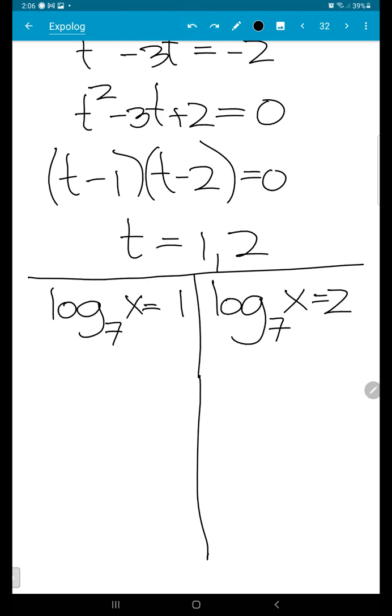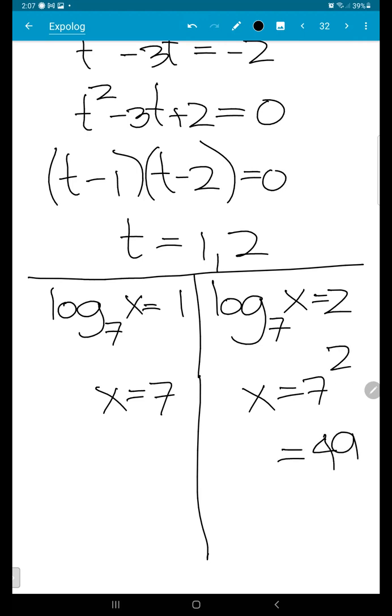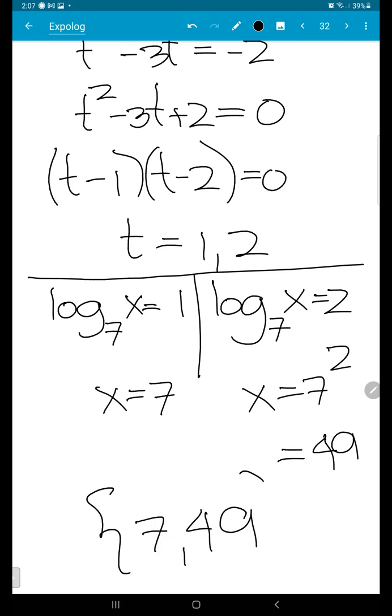Okay, so 7 to the 1 equals x, or x is 7. And we do the same thing for the other: 7 to the 2 equals x, so x equals 7 squared, 49. And then write in set notation if required. So you have two solutions.